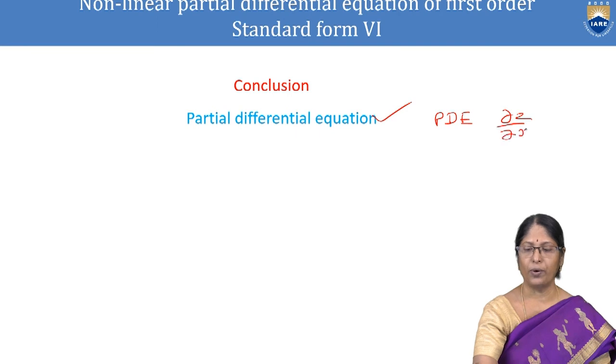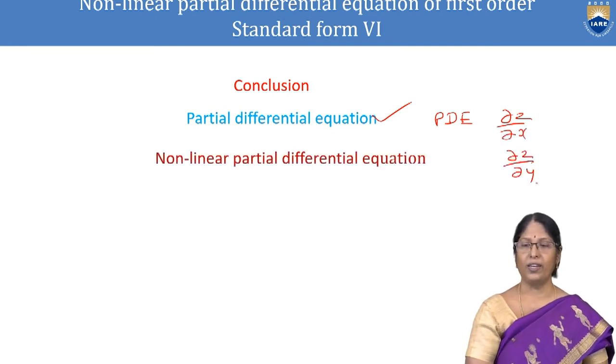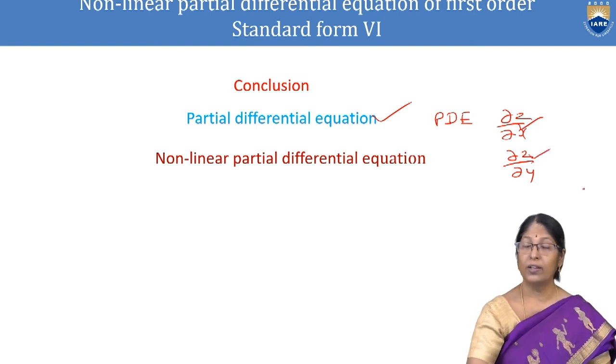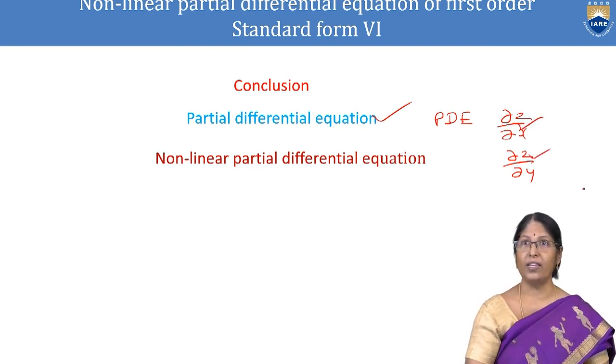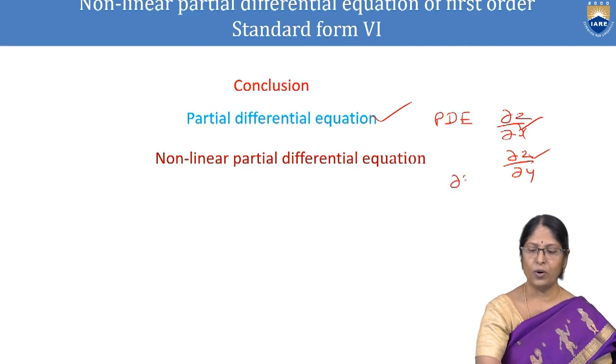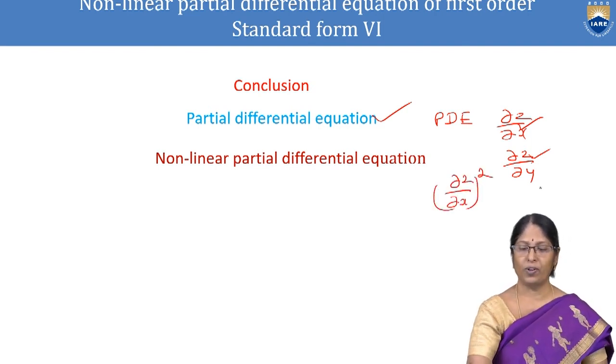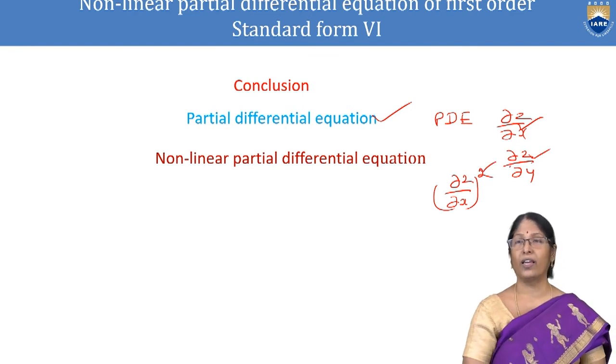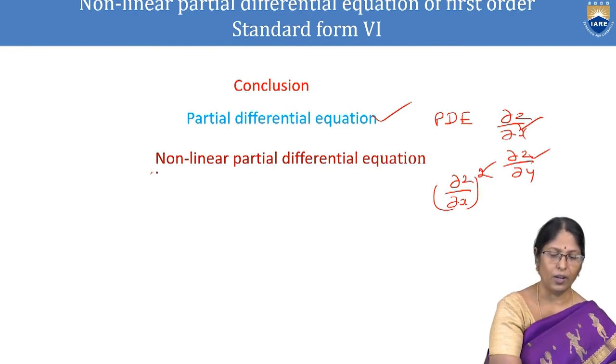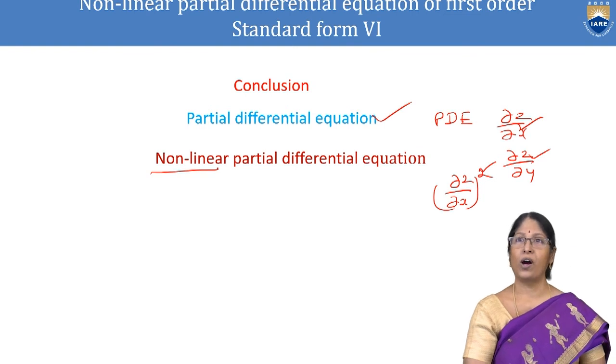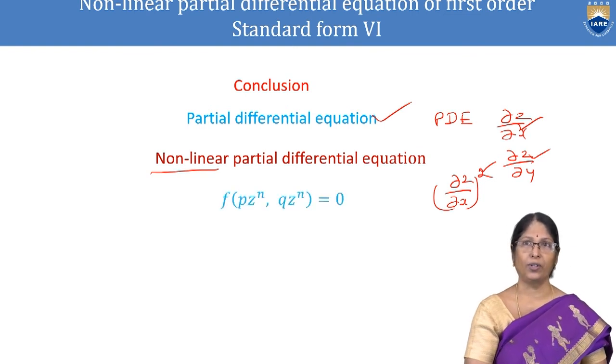So dou z by dou x or dou z by dou y, these two are first order linear. Non-linear is dou z by dou x the whole square, because the degree is higher than 1. Then it is a non-linear partial differential equation.